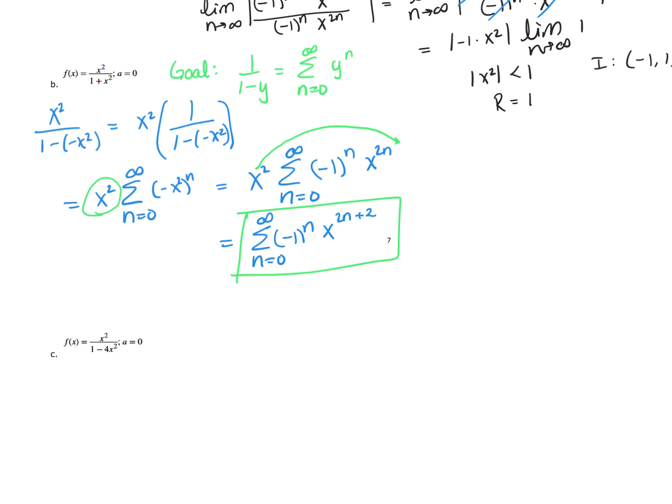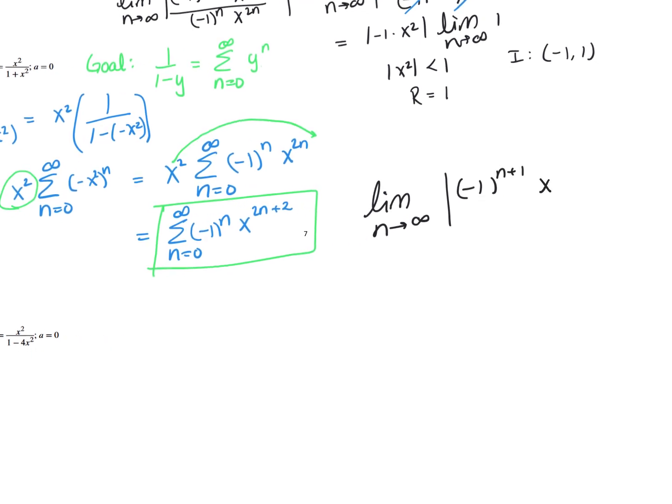As before, if I wanted to find my interval of convergence, I would have to do the limit as n goes to infinity of the absolute value of negative 1 to the n plus 1, x raised to the 2 times n plus 1 plus 2, over negative 1 raised to the n, x raised to the 2n plus 2, and I would go from there.